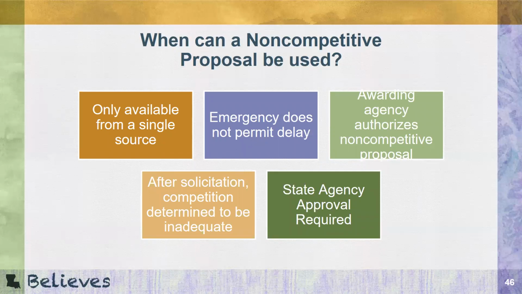Only if it's available from a single source, or the public emergency does not permit a delay resulting from competitive solicitation. The awarding agency authorizes a non-competitive proposal, or after solicitation of a number of sources, competition is determined to be inadequate. Anytime you have a non-competitive proposal, it must be approved by the state agency.